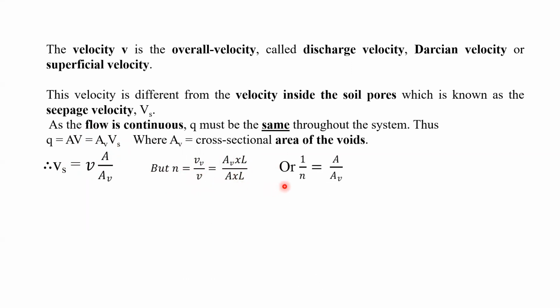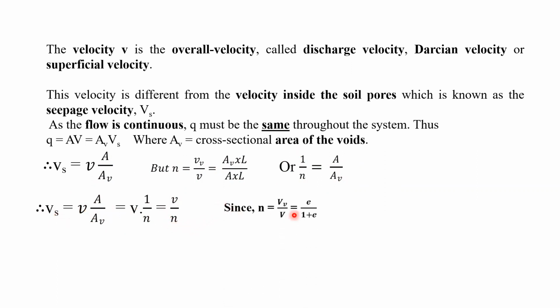What we can do further, 1 by n will be A by Av. If we substitute A by Av with 1 by n, then vs is equal to v into 1 by n. So vs we can write as v by n.